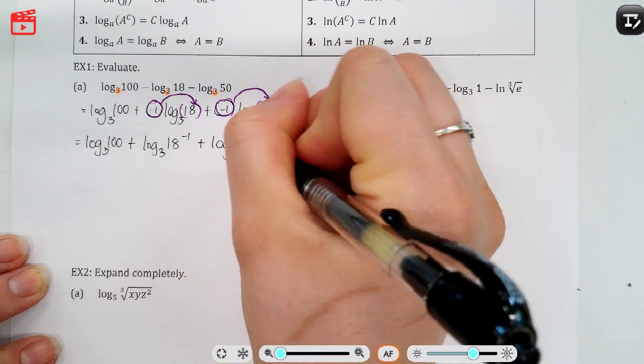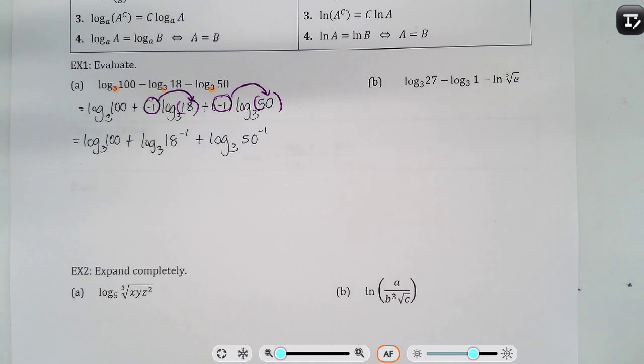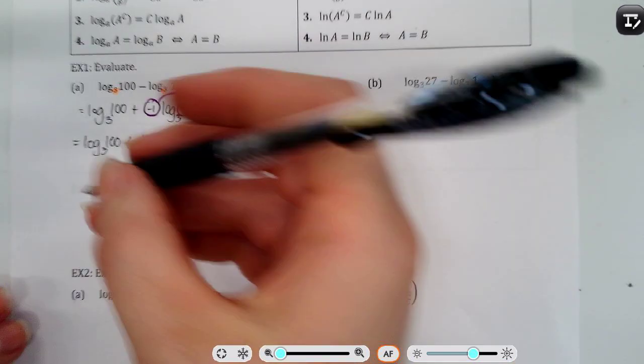Now they are all addition, which means I just multiply. I don't have to worry about which number is going to be divided by which number. The reason I try to avoid the division is because sometimes we have so many numbers being divided, it's hard to remember who's divided by who.